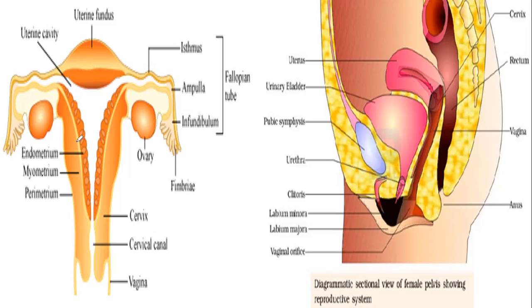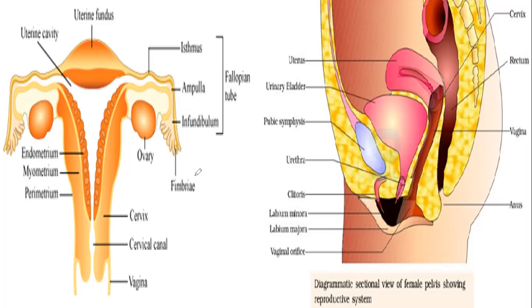When there is no pregnancy and the egg is not fertilized, the tissue cells come out through the vagina in the form of blood, tissue, and mucus. If the egg is fertilized, the baby will get implanted, and during delivery the myometrium helps in the contraction of the uterus, and the baby is expelled out. That means it helps in the delivery of the baby.